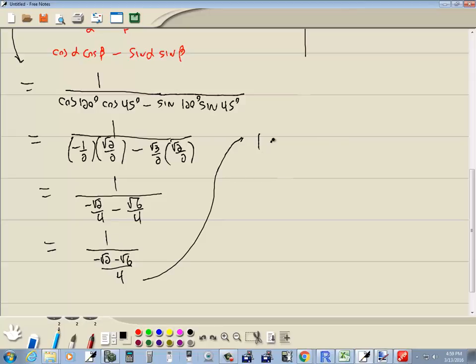So that'll be 1 times 4 over negative square root of 2 minus square root of 6, which gives us 4 over negative square root of 2 minus square root of 6. Now put that negative up on top, so we get negative 4 over square root of 2 plus square root of 6. I factor a negative out and then put it up on top.